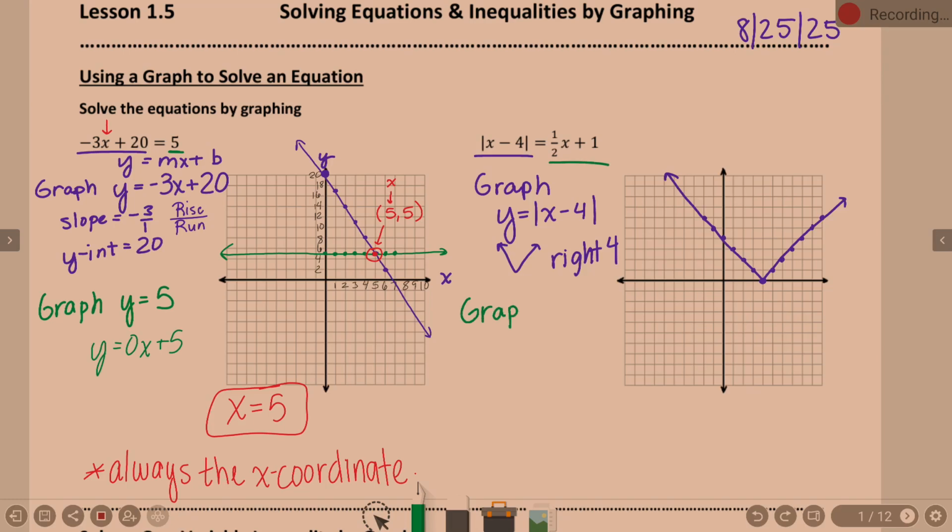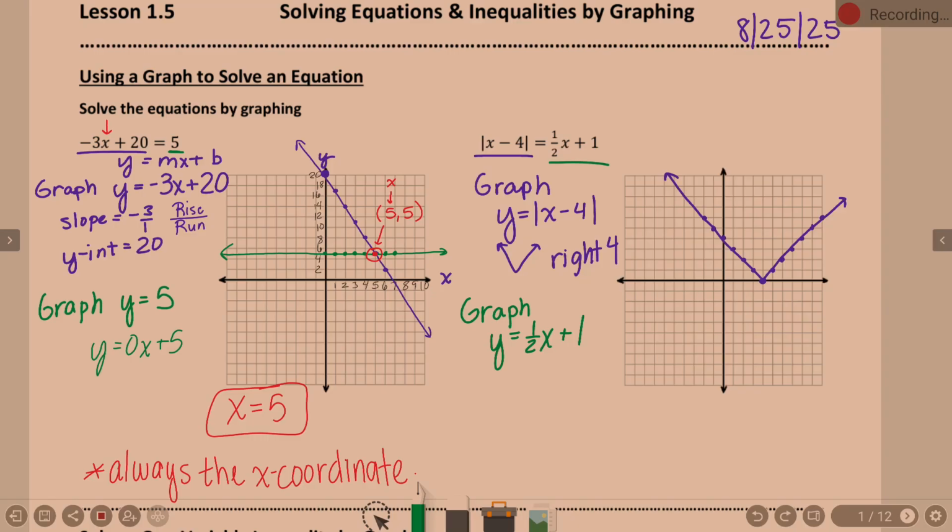Now we're going to graph y equals 1/2 x plus 1. What shape is this? Just a line, yes? Typical everyday line, y equals mx plus b.